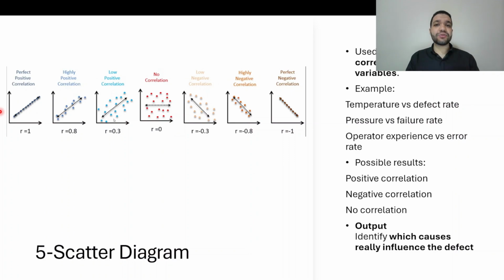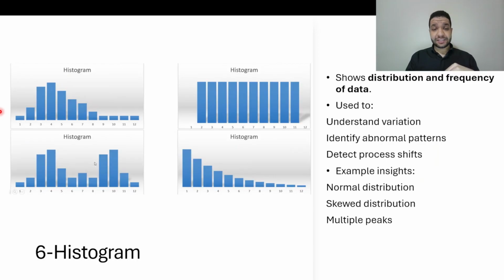Then I go to the histogram. Histogram is used to know the variation and to detect the trends. For example, these are the days of the week and these are the number of defects.